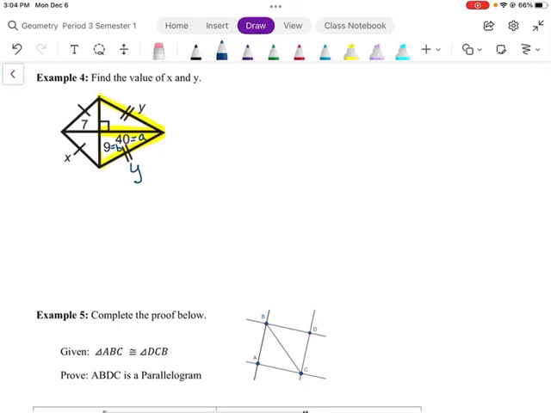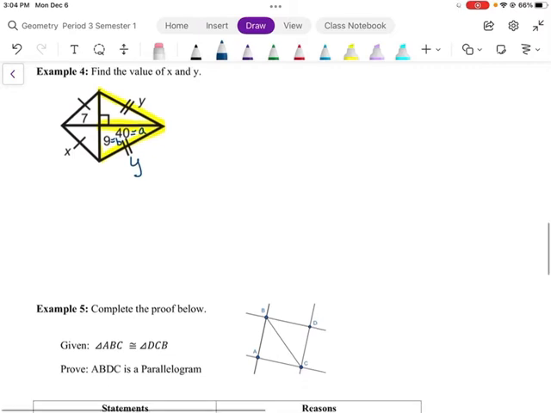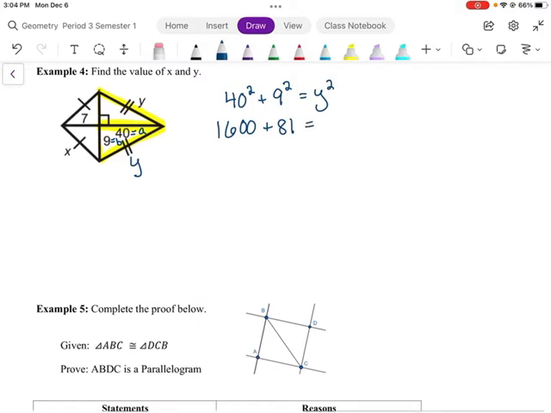So you should have done 40 squared plus 9 squared equals y squared. And we would have got 1,600 plus 81 equals y squared. Add them together, 1,681 equals y squared. And then you should have taken the square root of both sides.